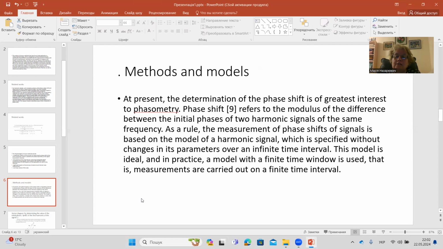As a rule, the measurement of phase shifts of signals is based on the model of the harmonic signal, which is specified without changing its parameters over an infinite time interval. This model is ideal, and in practice a model with a finite time window is used, that is, measurements are carried out on a finite time interval.